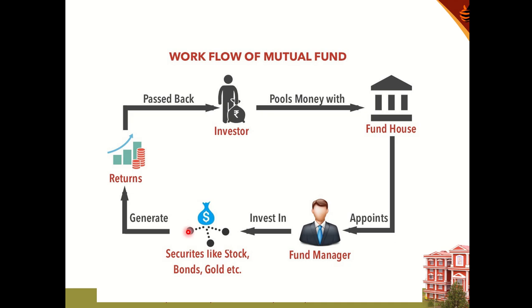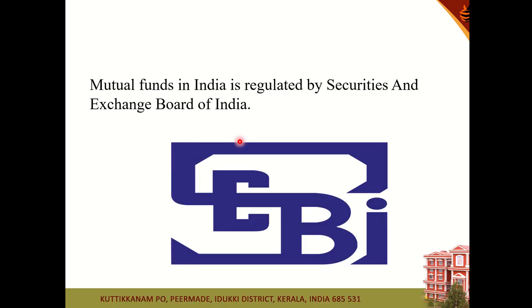And this investment generates a return after some point of time, and after some time it is passed back to the investor and the investor gets an earning. So this is how mutual fund works. We will learn more about the working of a mutual fund in the videos to come.